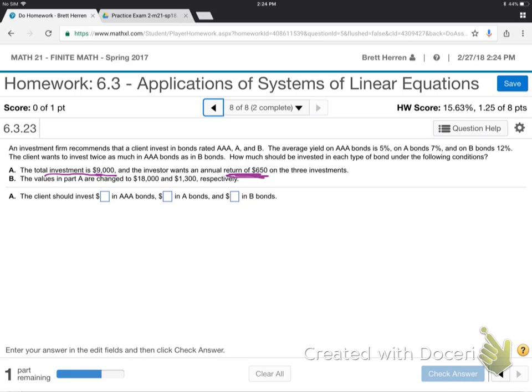See if you can get that in your calculator. 4, 3, 2. Good.